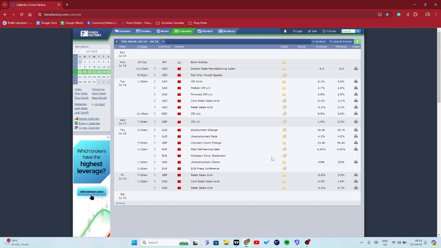On Tuesday, tomorrow, we are expecting the CPI number from the Canadian dollar, and also the US retail sales number, and also the CPI from the New Zealand dollar. One thing I want to point out here is that we're expecting a downward revision in the number from last month for the CPI from the Canadian dollar, which would actually push the USD/CAD higher to a new height.